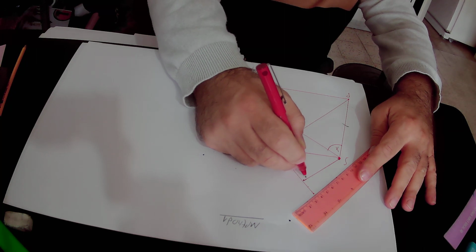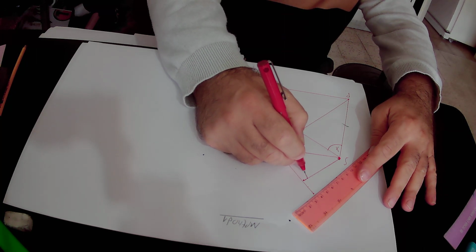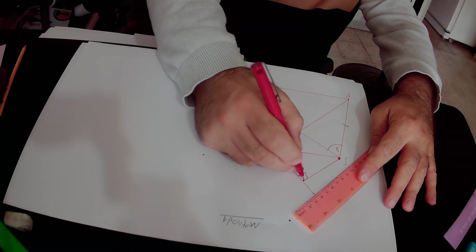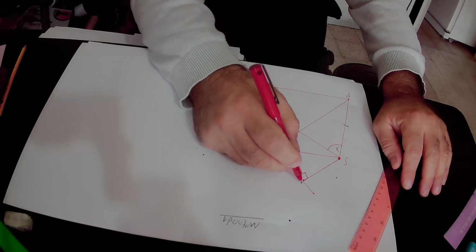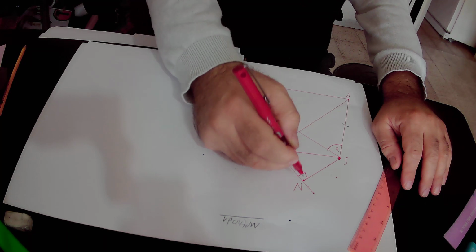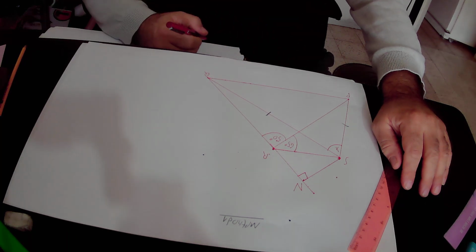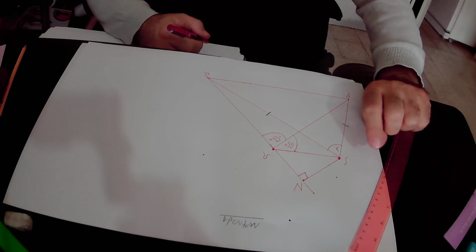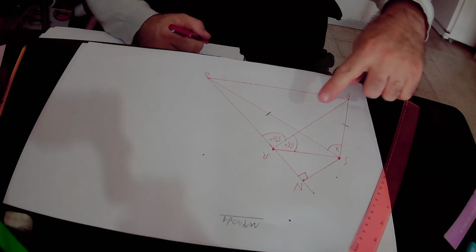So this angle is a right angle, it equals 90 degrees. We will define this point as point N, and we will also draw a perpendicular from point S to PR.